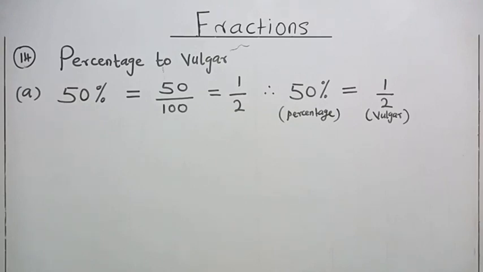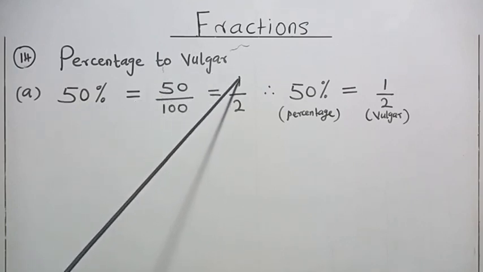How do we convert 50 over 100 to lowest term? As before, we look for a highest common factor, a highest factor which is common to 50 and 100, which will divide 50 and 100 at the same time to give us the results. And that factor is 50. When 50 divides itself, the result is equal to 1.